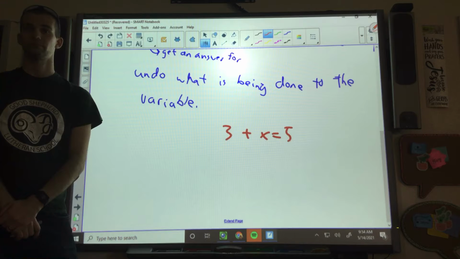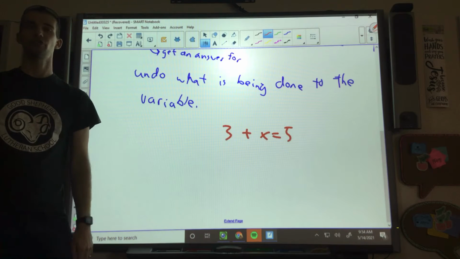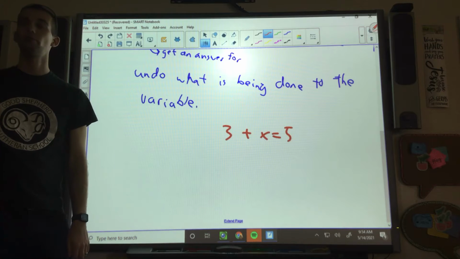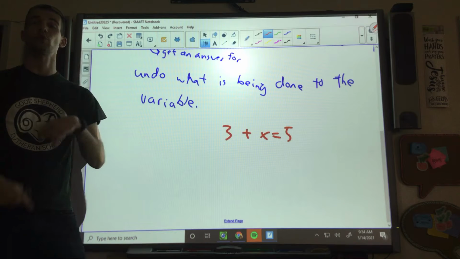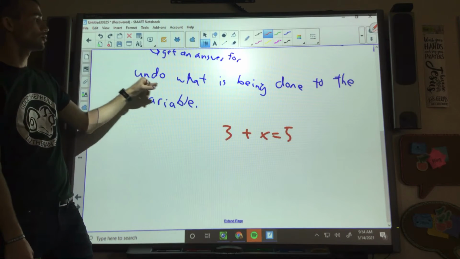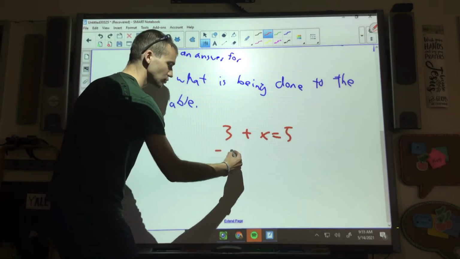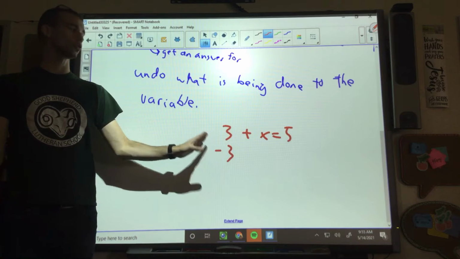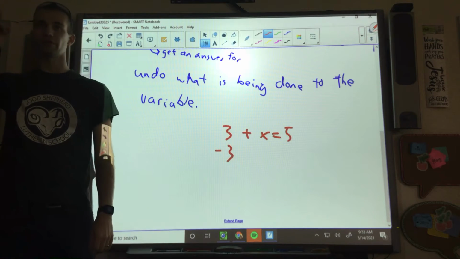It's being added by 3. So what is the opposite of adding by 3? Because it said undo what is being done to the variable. Subtracting by 3. And whatever you do to one side of an equation, you have to do to the other.